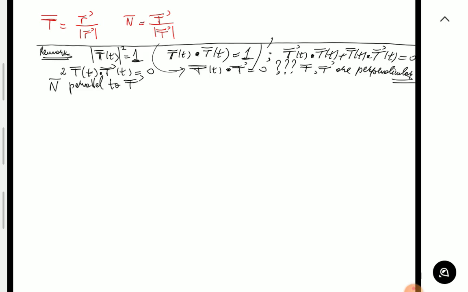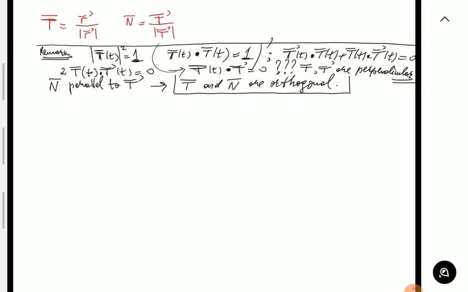Because the unit normal is nothing but T prime normalized. It's a scale down to length 1. So that implies that the unit tangent and the unit normal are orthogonal. At any point on the curve, as you move along the curve, these vectors change. Remember, these are functions of t, but they're always perpendicular.